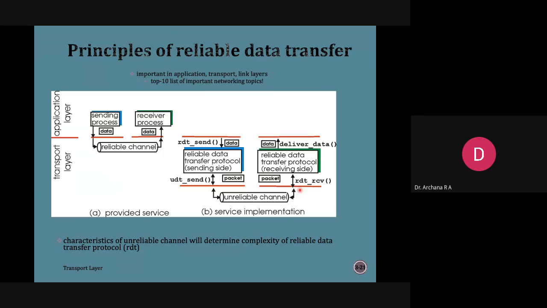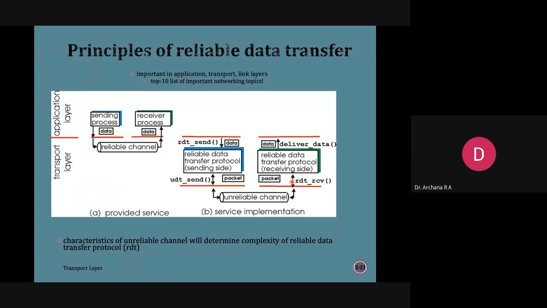Now RDT receive means receiving the data from the lower layers. The reliable data transfer protocol receives the data from the lower layer, that is from the physical layer, through the unreliable channel. This indicates the physical layer, and here you have the link layer and the network layer.